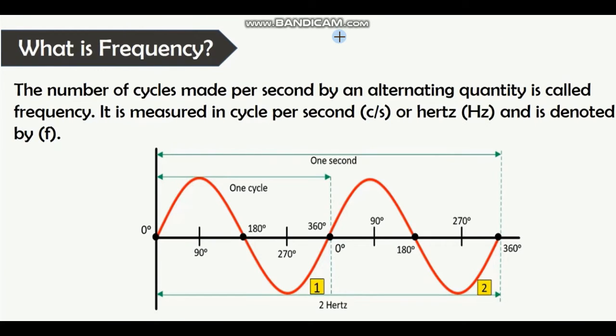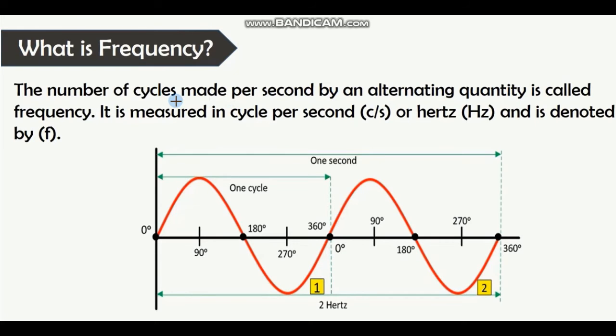After we understand the meaning of wave and cycle, now we will talk about the frequency. What is the frequency? The frequency is the number of cycles made per second by an alternating quantity.